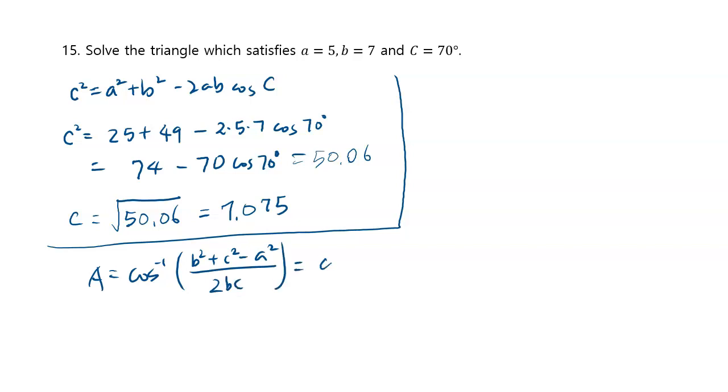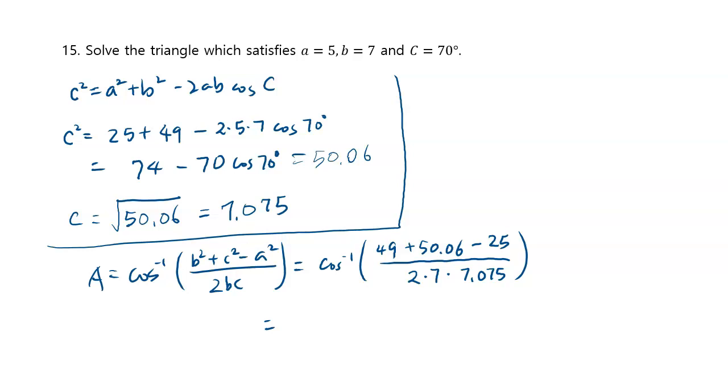And in our case, cosine inverse of b squared, 7 squared is 49, c squared is 50.06, minus a squared, a is 25, divided by twice of 7 times 7.075. So let's try this.